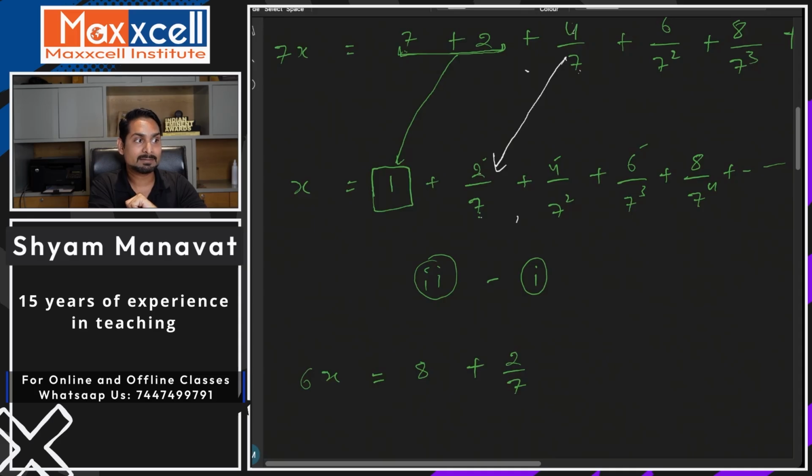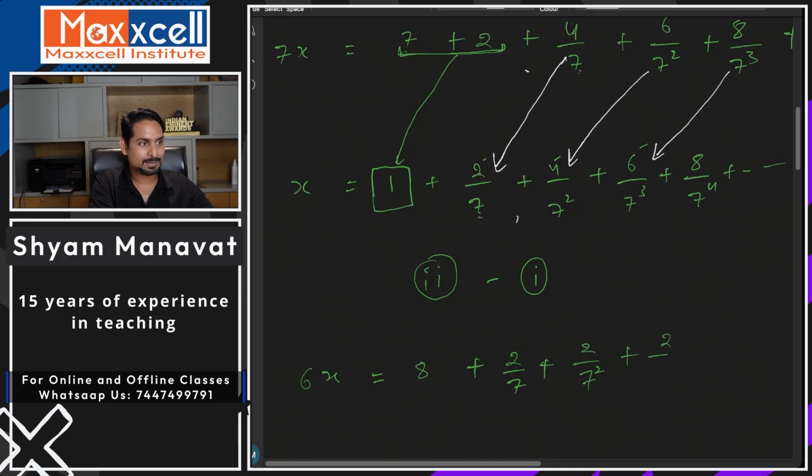Now 6 by 7 square, I'll subtract with 4 by 7 square. What will we get? We get again 2 by 7 square. Plus then 8 by 7 cube, subtract 6 by 7 cube.